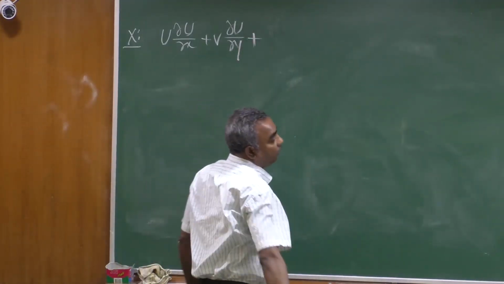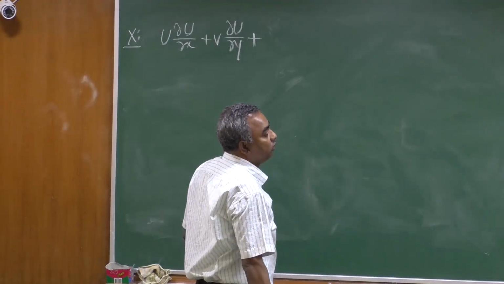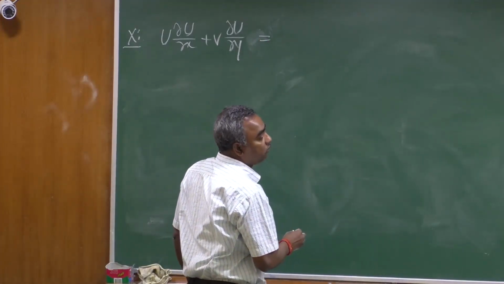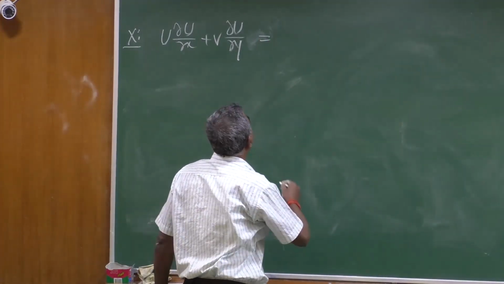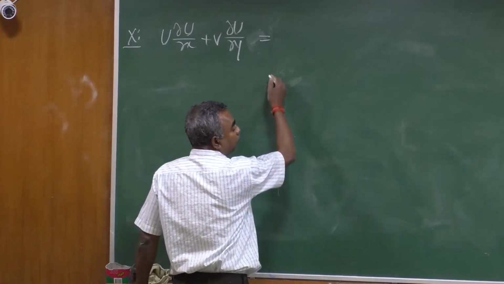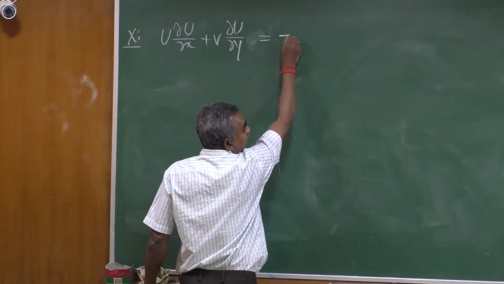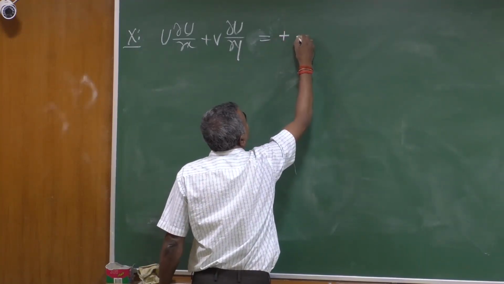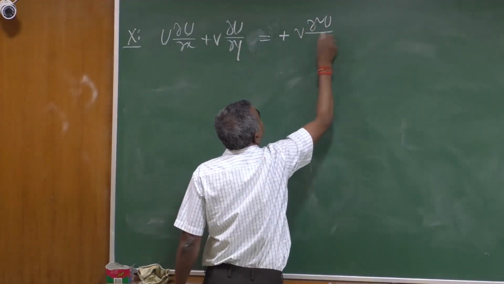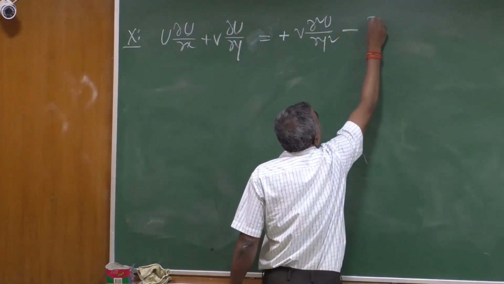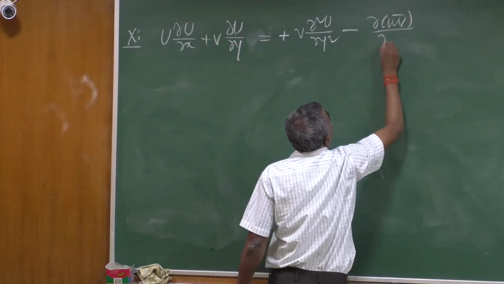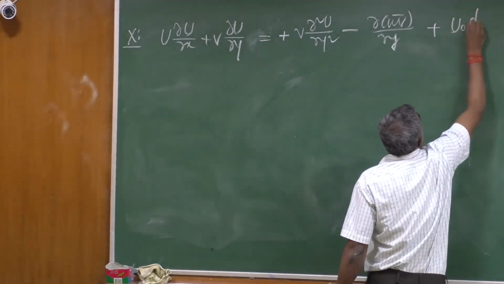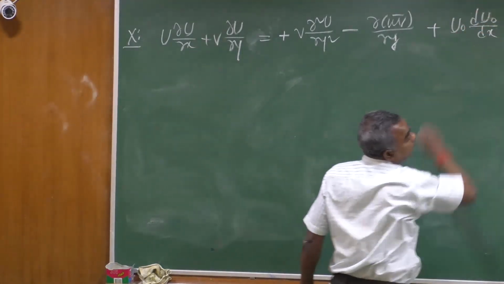let me just write this term as well. So, this equals to that can be made as minus plus nu, that is nu del 2 u del y 2 minus del u v bar del y plus u naught du naught dx.